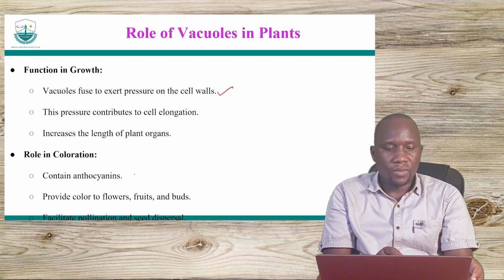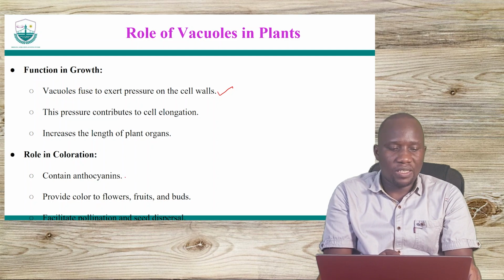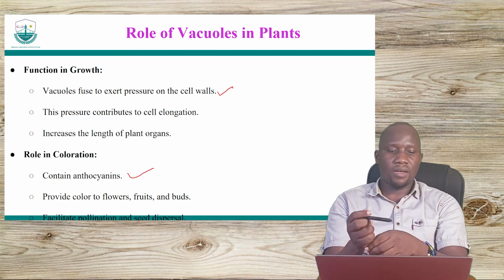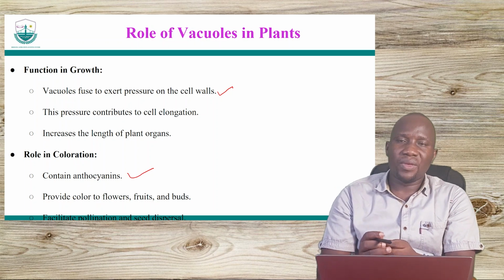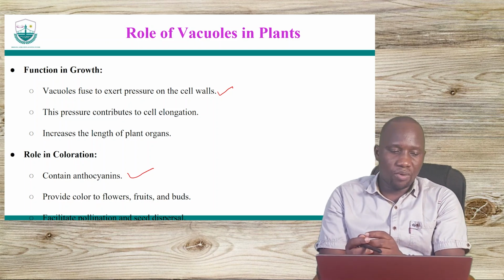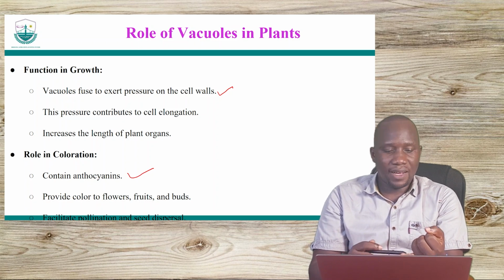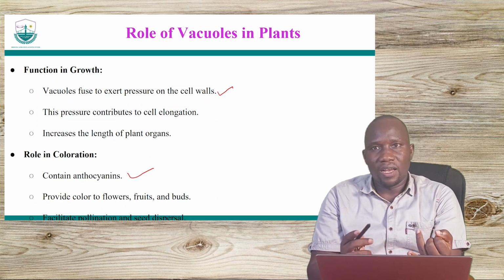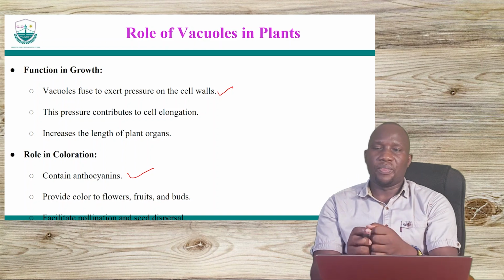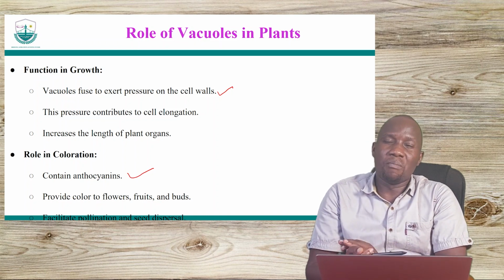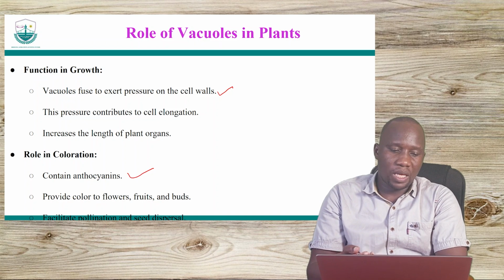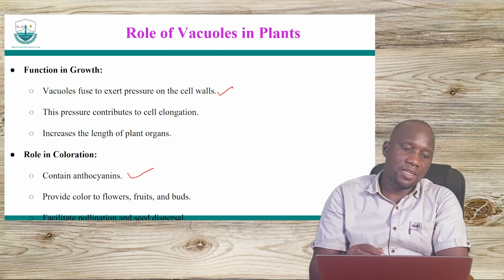The vacuole also contains some pigments that are very important in flower color, fruit color, and also the color of the buds. Those are the anthocyanins.